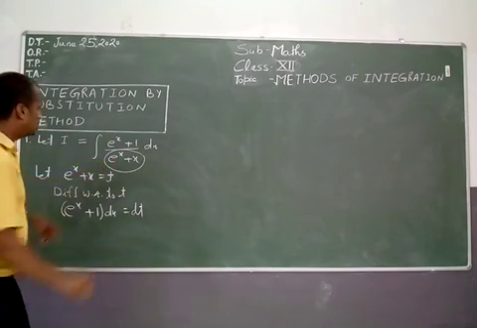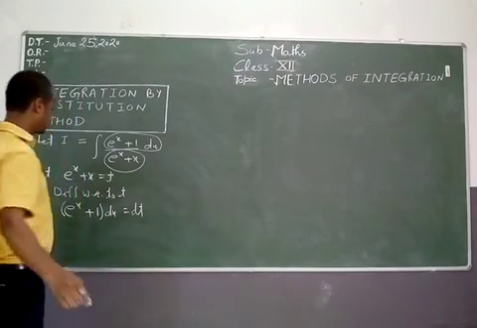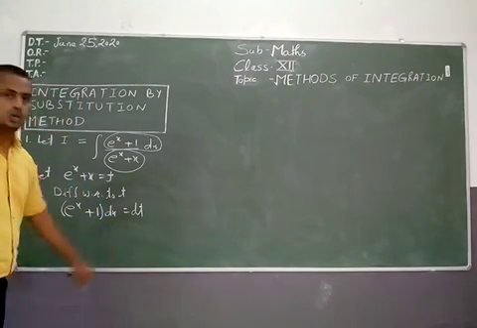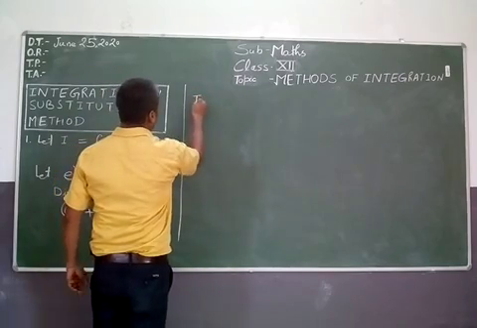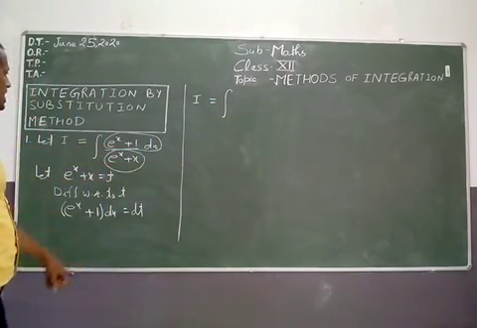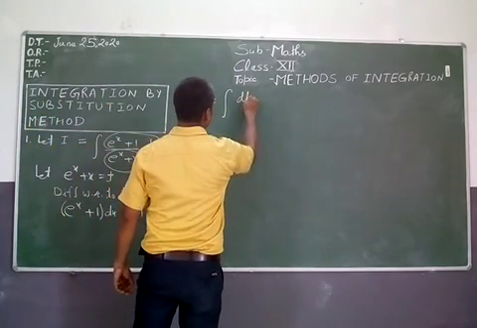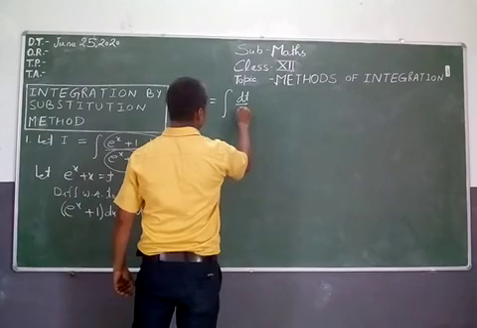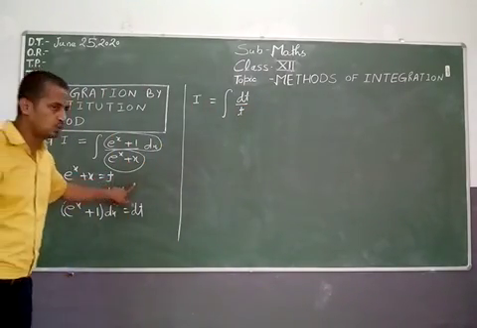Already we have this value e power x plus 1 into dx, so we can substitute equal to dt. Then I equal to integral of e power x plus 1 into dx equal to dt upon t, because we have substituted e power x plus x equal to t.